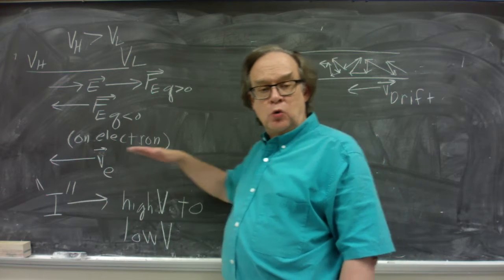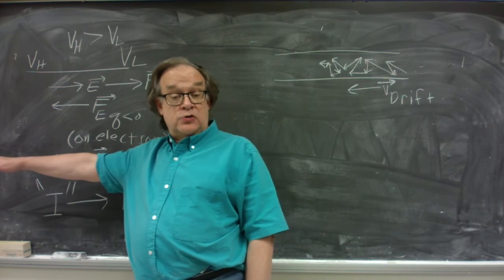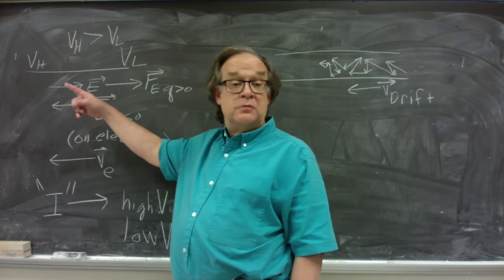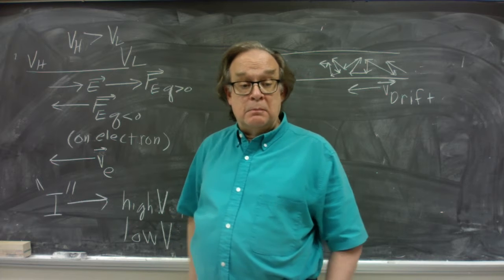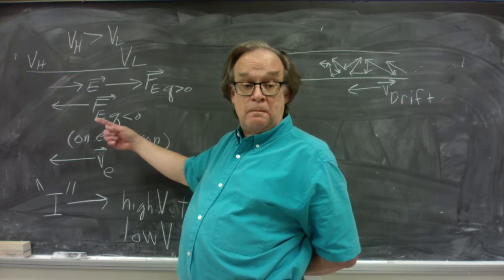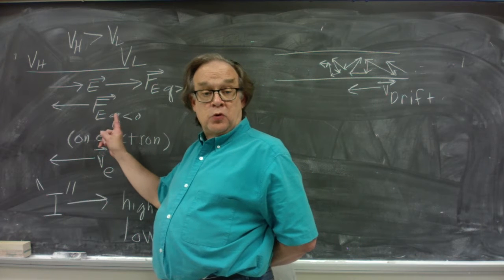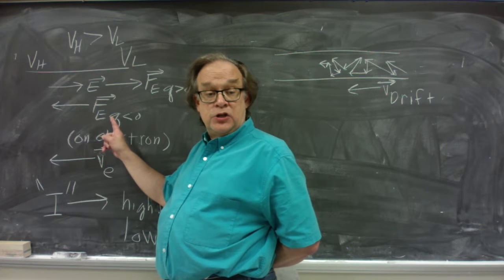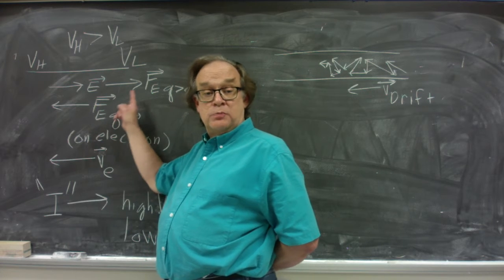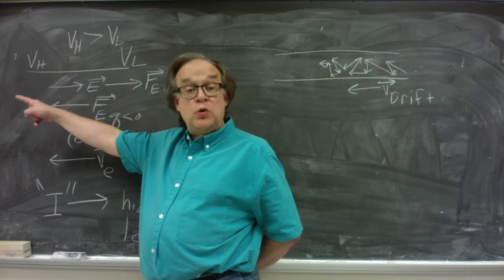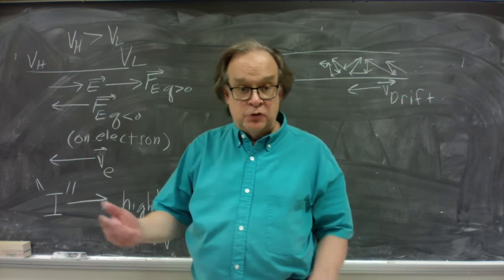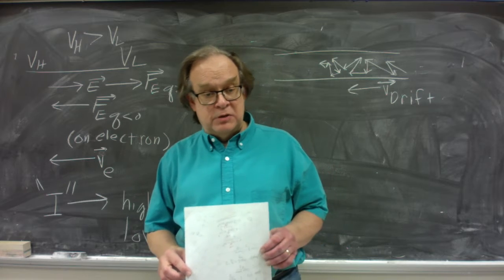The flow of negatively charged electrons is to the left, opposite to the direction of the electric field. And this is consistent with what we've seen before, right? The force on a negatively charged particle will always push those particles from lower to higher potential, the opposite of what the force on a positive charge does.